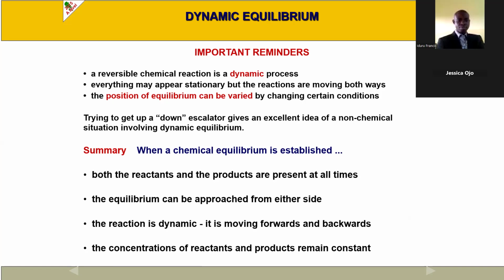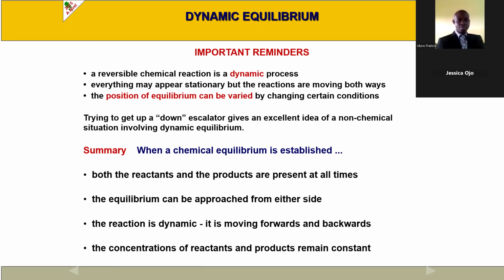So the moment a reaction is at equilibrium, what it means is that the forward reaction and the backward reaction are occurring at the same time. That is why it is in equilibrium. The word equilibrium is saying that both the forward reaction and the backward reaction are occurring at the same time, or the same rate.